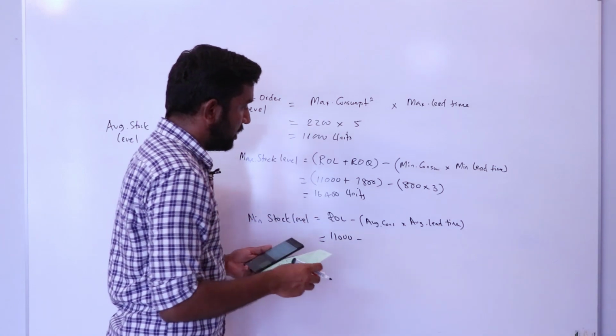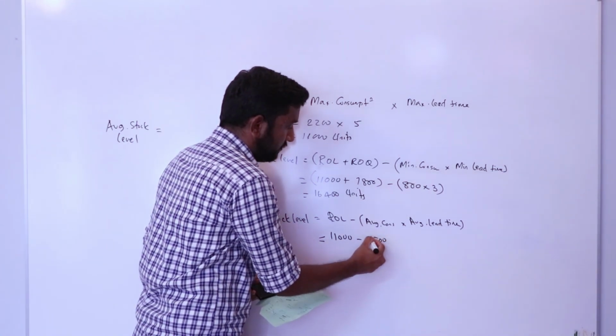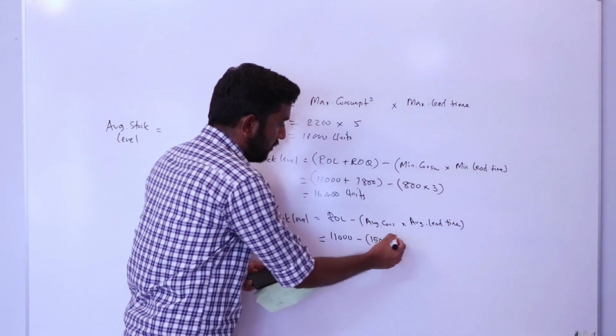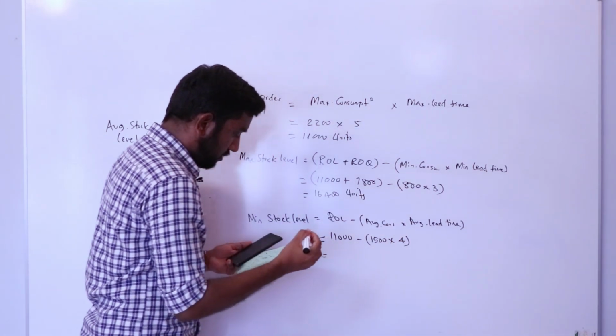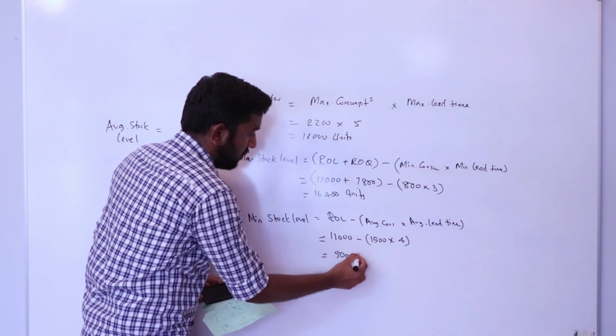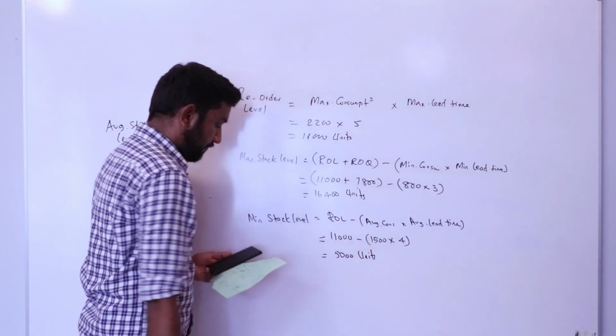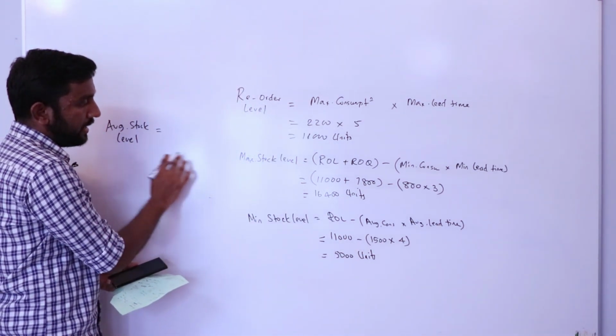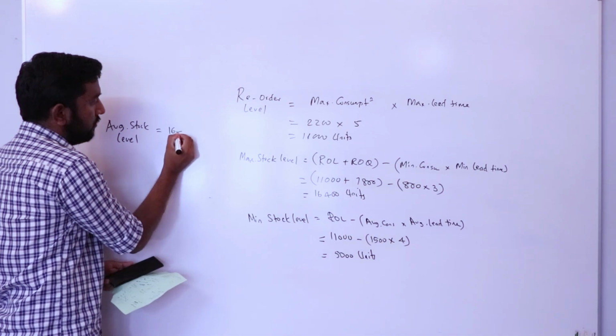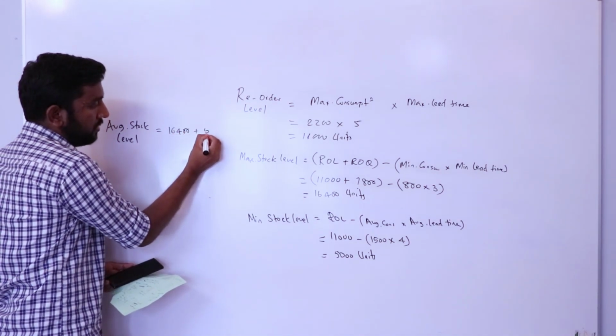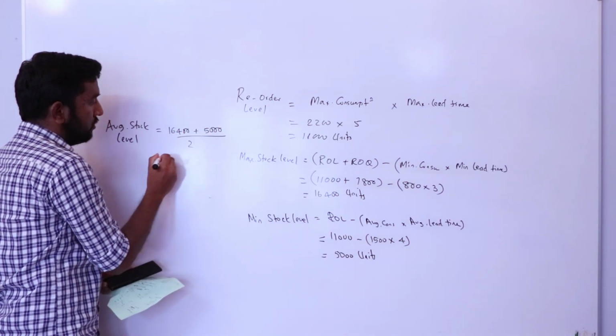So that is what we got as average, which is 1,500, into average lead time, which is 4. So 6,000. If you deduct 6,000, you will get the answer of 5,000. And average stock level, again, maximum is 16,400 plus minimum is 5,000, divided by 2. So you get the answer here.